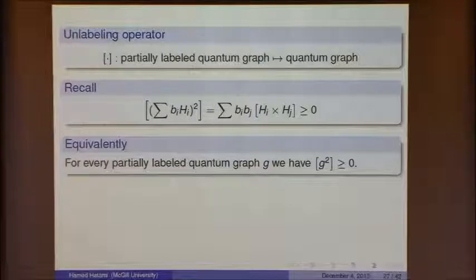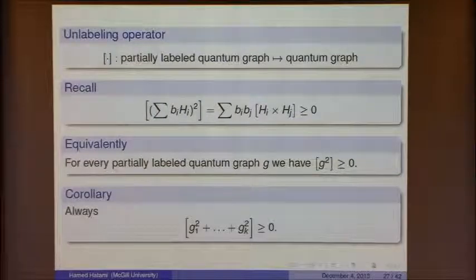So what this says is that given any labeled quantum graph, the following is positive. We saw that before. Now, this was one way of constructing positive quantum graphs. I can also add them up. If I have a bunch of positive quantum graphs, I can just add them and get another positive quantum graph. So given partially labeled quantum graphs G1 to Gk, if I square them, add them up, and then unlabel, I'm going to get another valid inequality.